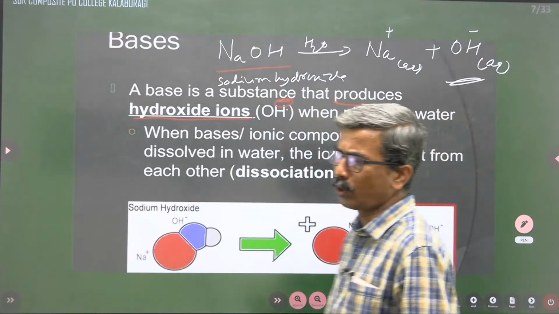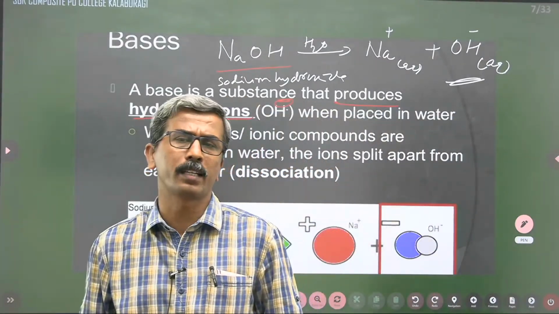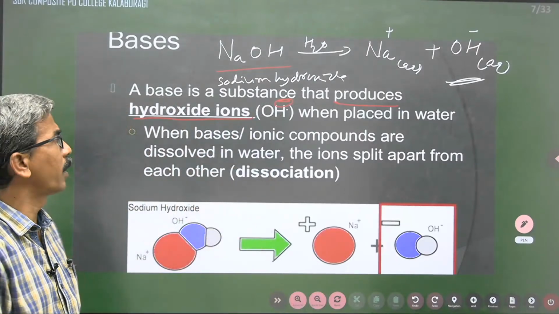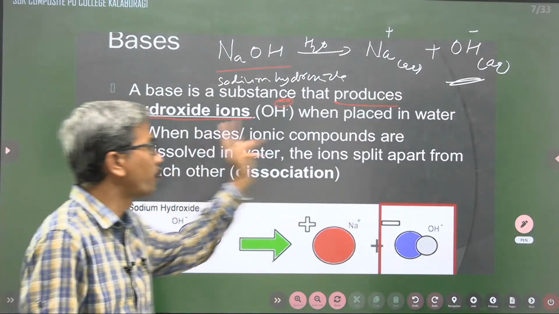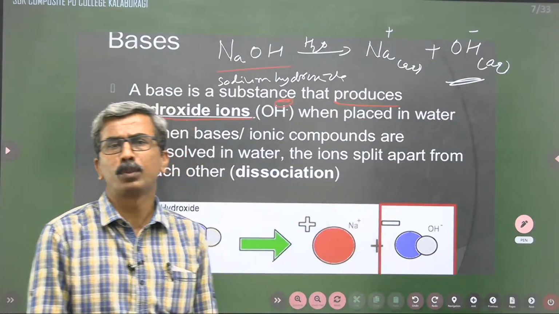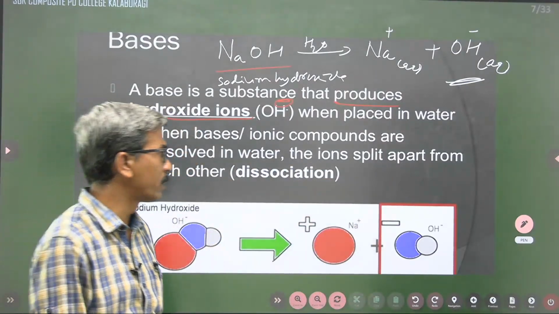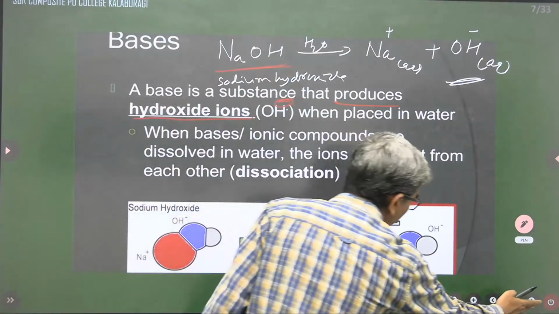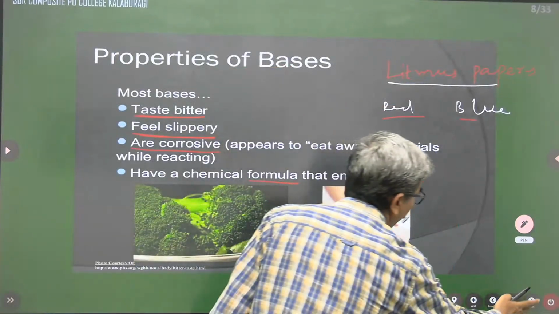Those compounds we call bases in chemistry. Any substance that splits into OH minus ions after adding into water is called a base. Sodium hydroxide is a base.